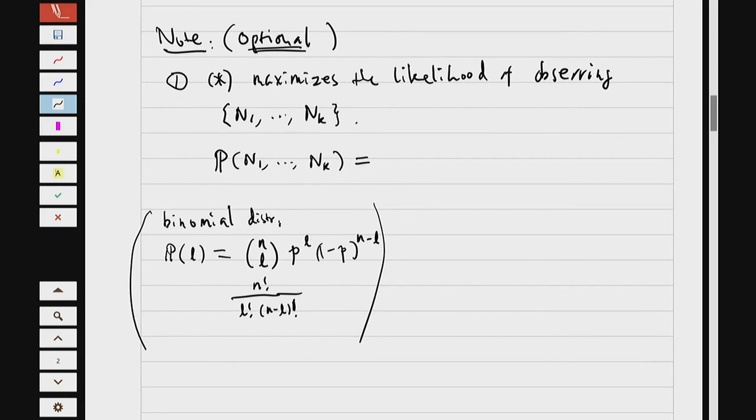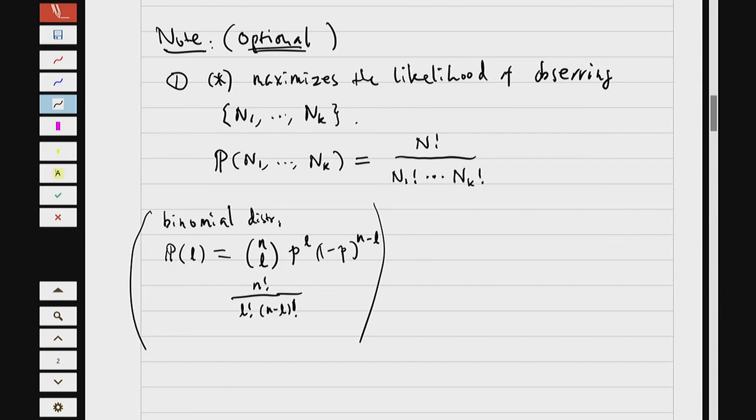But now we have to extend this to k different bins. Now a coin has more than two sides. It's a k-faced die, let's say, and you roll this die. It turns out that the probability of seeing n1 of them in the first bin, n2 in the second bin, and so on, is given by this formula: n factorial, because you have n points again, over n1 factorial times n2 factorial, all products, up to nk factorial.